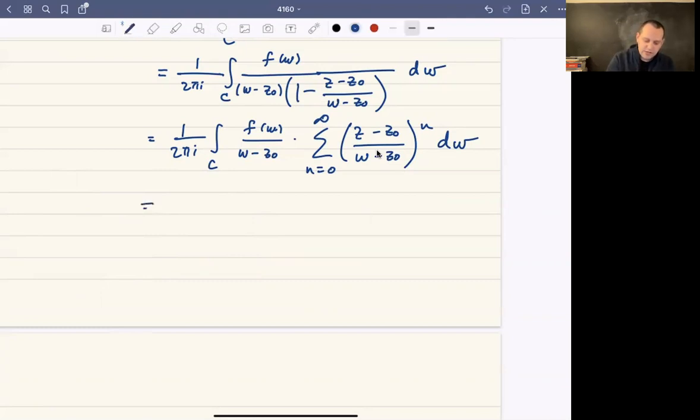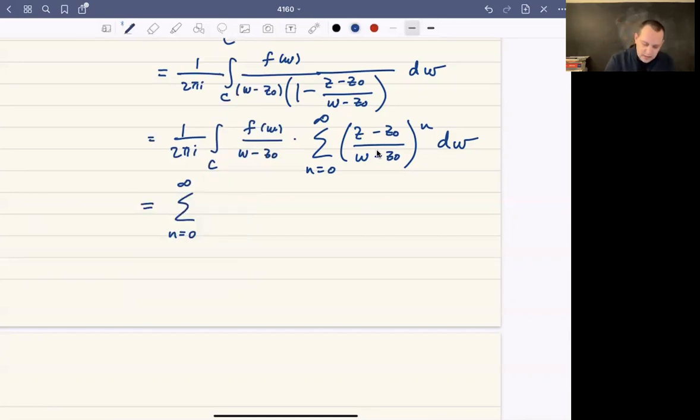That means that we can interchange the sum and the integral. This is going to be the sum as n goes from 0 to infinity. The sum is just going to involve n, the integral involves w. So I'm going to bring out all the stuff that doesn't involve w.